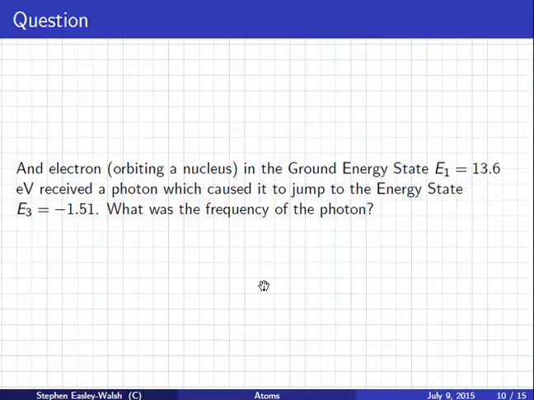Now, the next question is similar, except this time I want to know what's the frequency of the photon. I'm sorry, that should say minus, of course. Can you just make sure? So can you write down minus and this number as well?